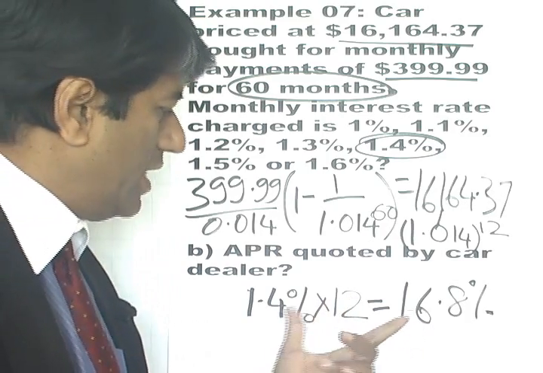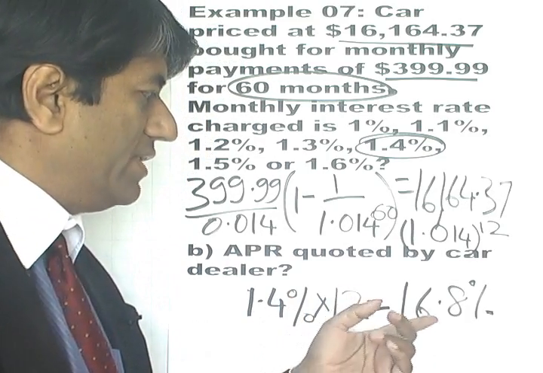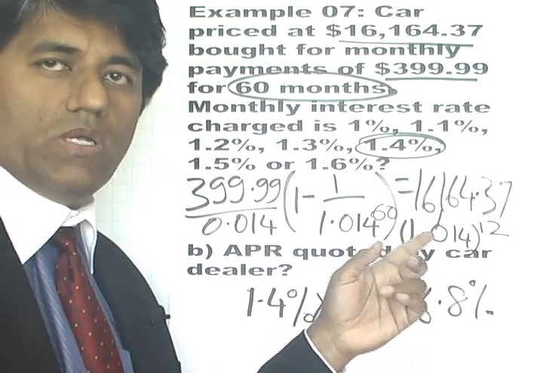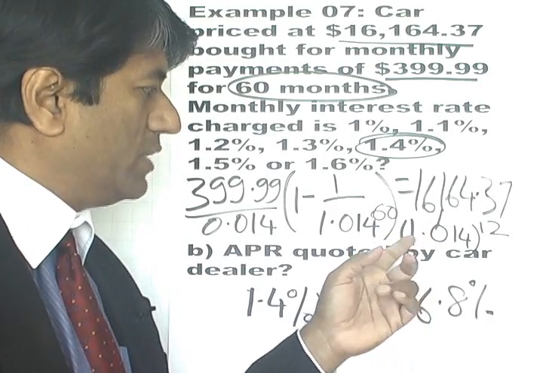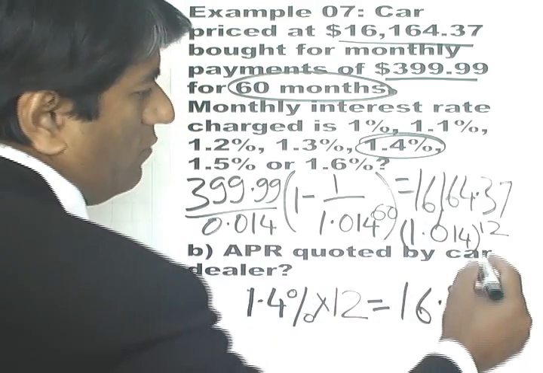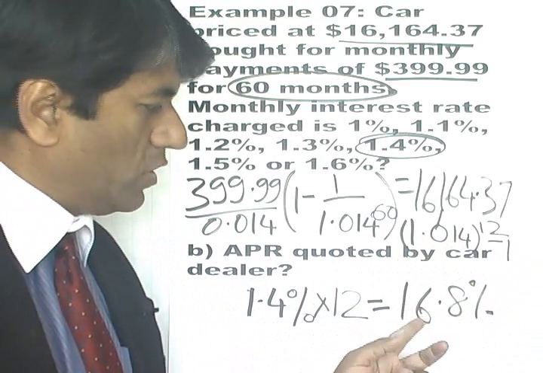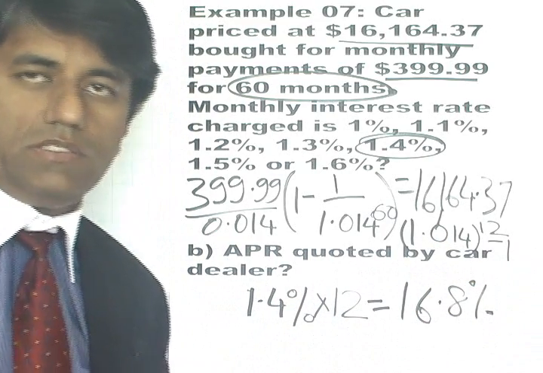So that's the APR which is reported, and that is actually a bit less than the actual rate, which would be found by 1.014 to the power 12 minus 1. You can confirm that this is actually going to be a bit more than 16.8%.